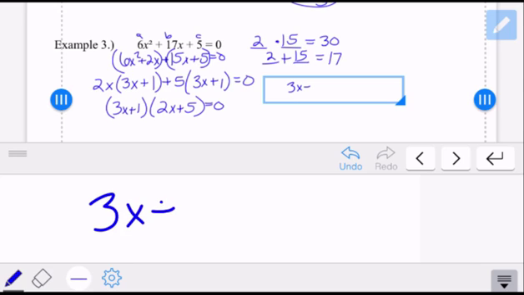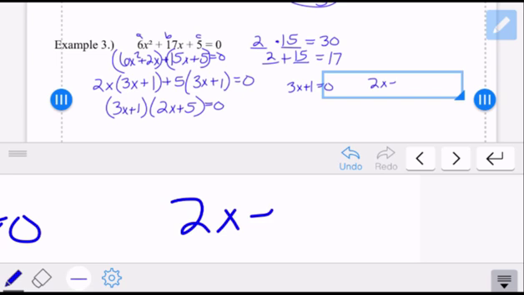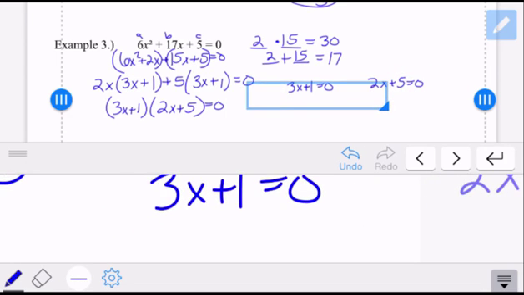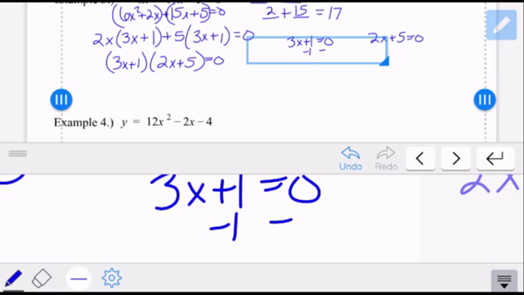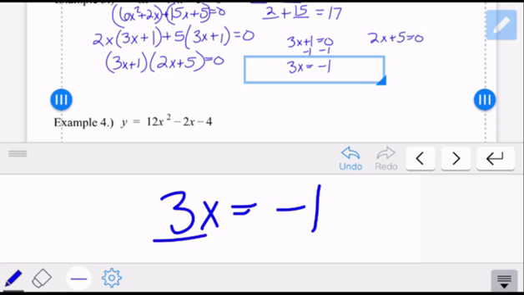So 3x plus 1 equals 0, and 2x plus 5 equals 0. So over here we need to subtract this 1. We get 3x is equal to -1, and divide by the 3.